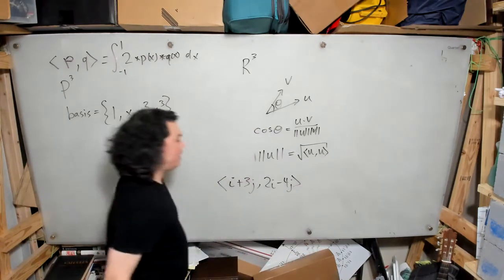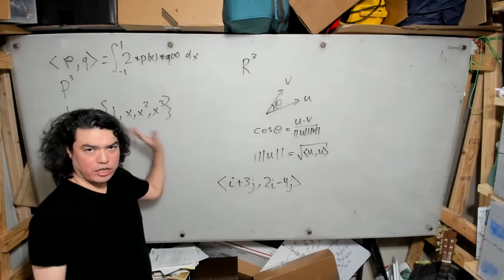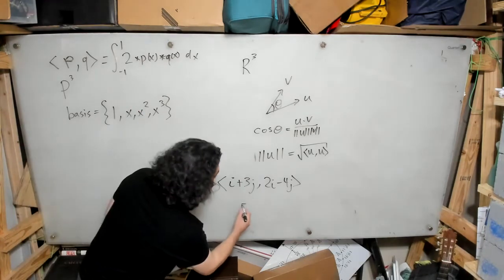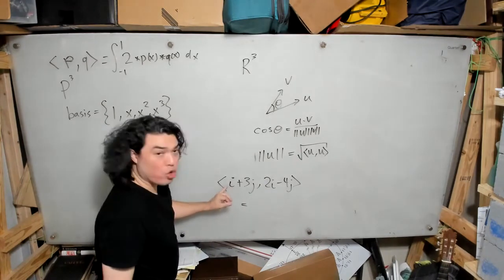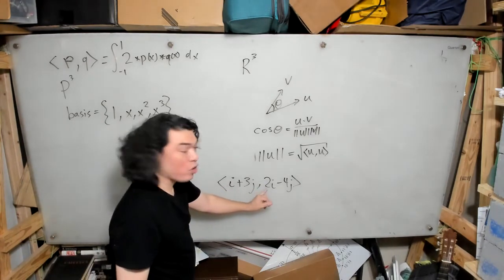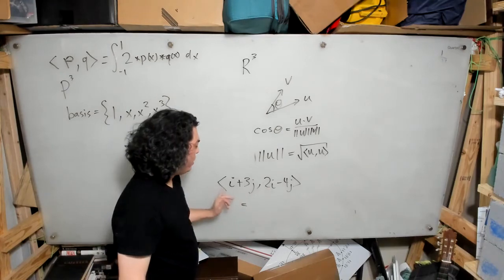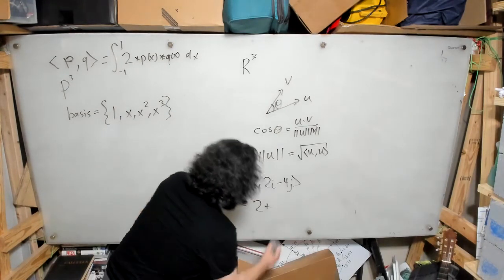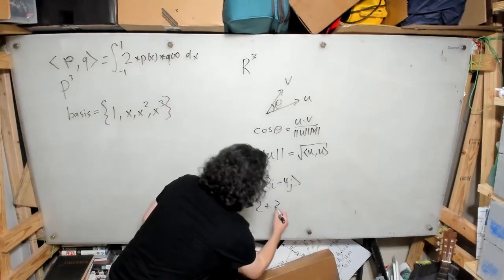Let's say I'm using the normal dot product, not this dot product. We're not in this space. I'm doing this just to set the stage for us. Here, I know that it would be the coefficient of the i times the coefficient of the i for this different vector. In this case, 1 times 2 is 2, plus 3 times negative 4.